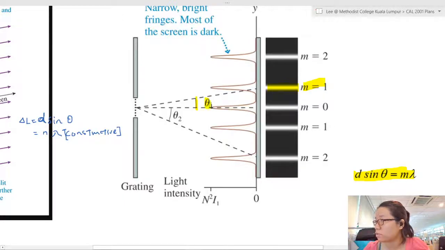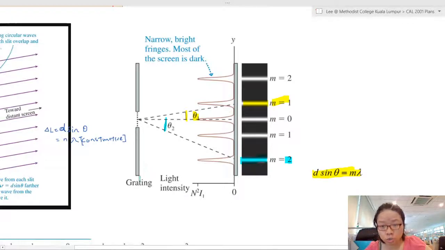Okay, this is your theta 1. If you are using m is equal to 2, let's say this one, then again the theta will be measured from the center to theta 2, and this one is your bright fringe. So it's just using this equation, but this equation is not a new equation.